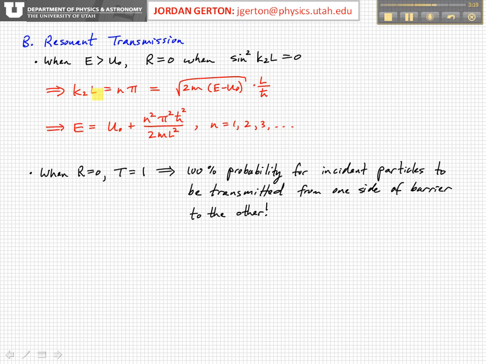K2 is just the square root of 2m(E minus U naught) divided by H bar, multiplied by L. And if we solve then for the energy, we see that when the energy is equal to the potential barrier height U naught plus n squared pi squared H bar squared over 2mL squared, where n is an integer, then we get what we call resonant transmission, which means that with 100% probability an incoming particle with that energy will be transmitted to the other side of the potential barrier, and 0% will be reflected.